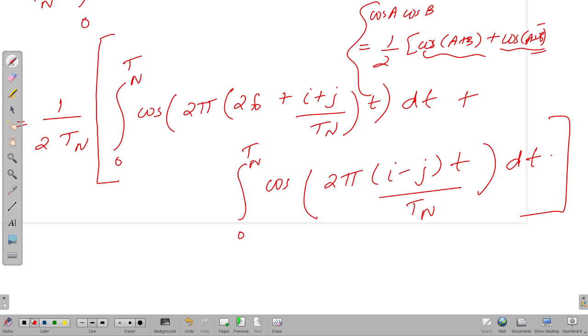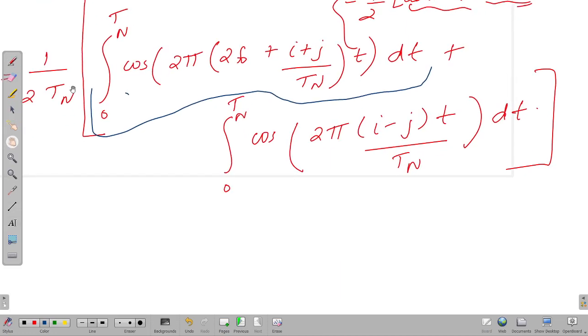So consider this part. What is the frequency of this wave? We are trying to see whether this function is orthogonal in the range of 0 to Tn. And what is going to be the frequency here?